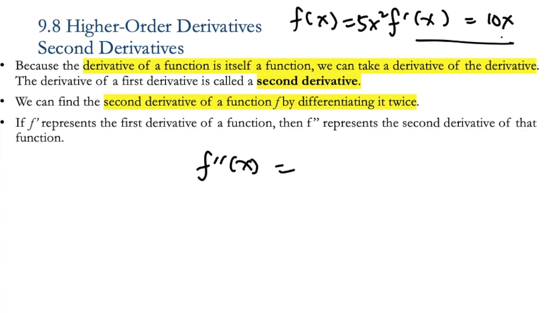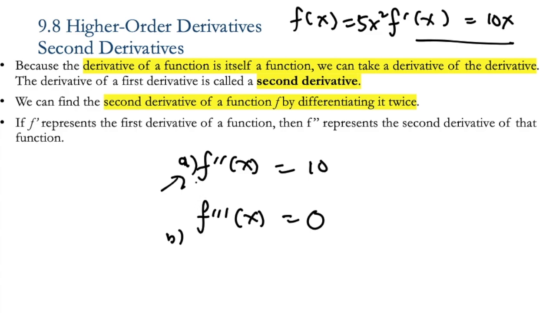So 10x, you differentiate it, it becomes 10. But if you differentiate f double prime x further, the third time, because you don't see x here, using the constant rule, it becomes 0. And then it stops. So this A and B are examples of higher order derivatives.